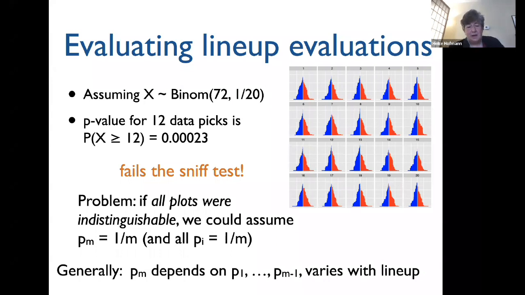On top of that, the probability to pick the data plot depends on the probabilities of all of these other null plots because they are on a simplex. So we've got some dependency. If we pick another plot, we don't pick the data plot. So this probability to pick the data plot also depends on the actual lineup. So how do we deal with that?